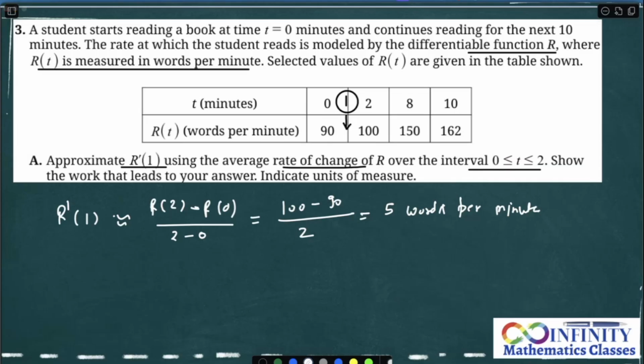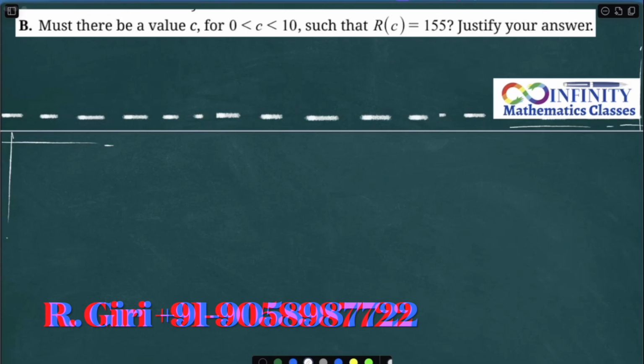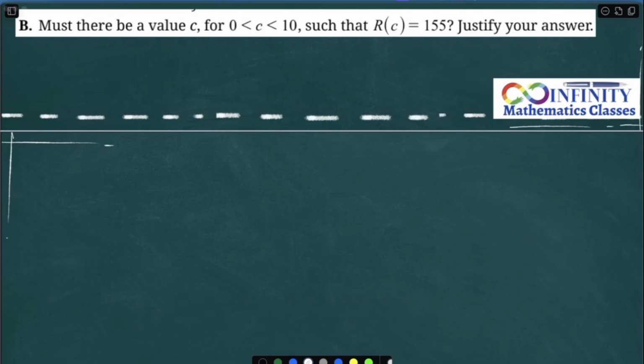That makes sense. Next, let us look at the B part for you. Must there be a value C in the interval 0 to 10 such that R of C equals 155?